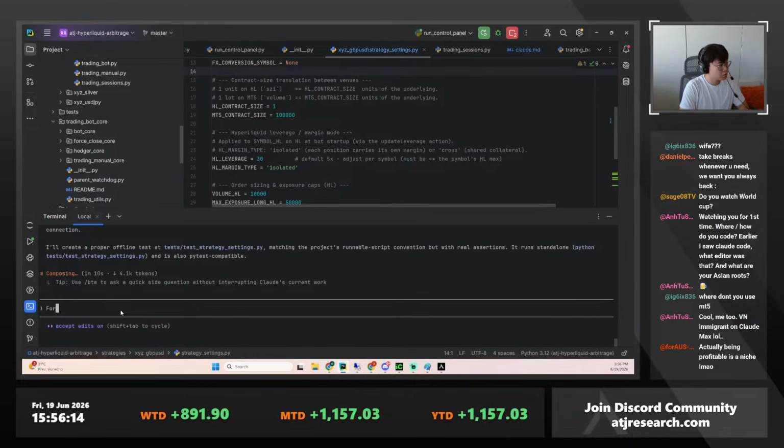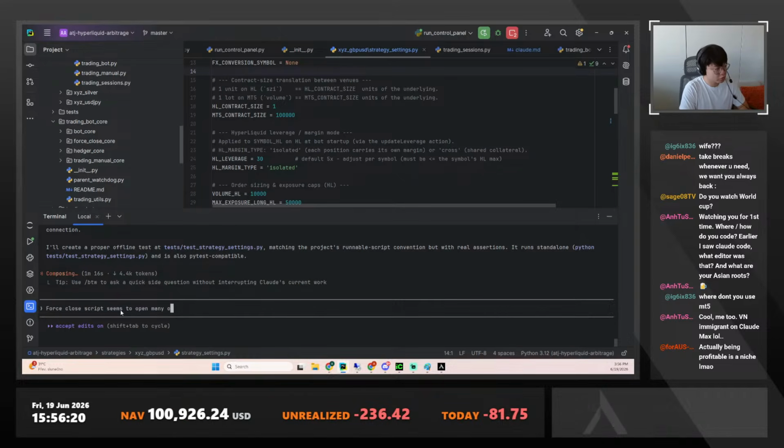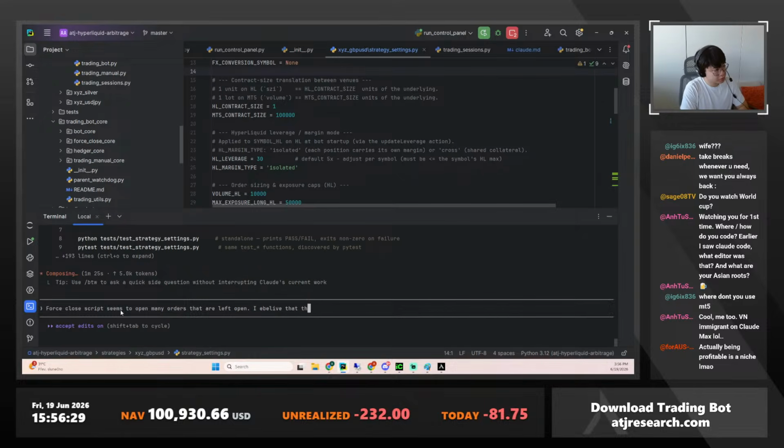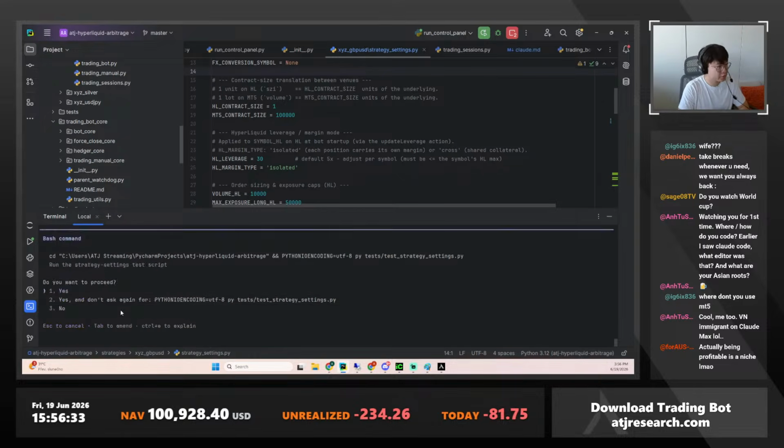So the force close script seems to open many orders that are left open. I believe that this is a bug. Can you review?